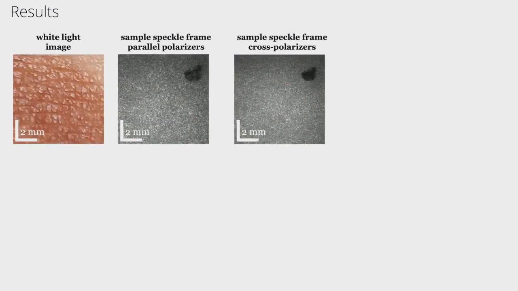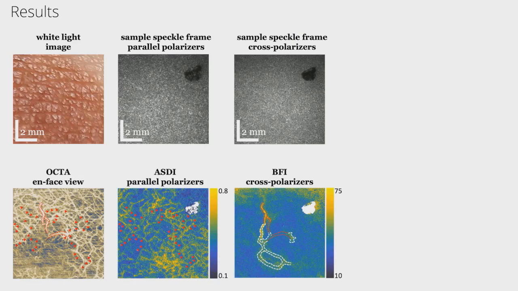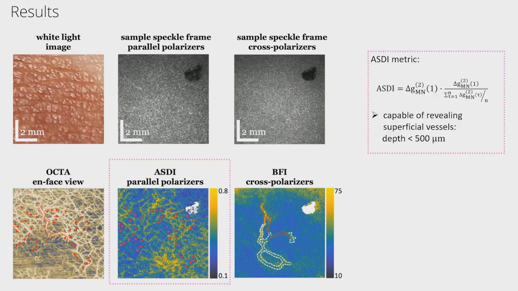We use this device to image different lesions. This is an example. You can see the white light image of the region and two sample speckle frames as recorded by the black silicon camera. Then you can see the OCTA view of the area and the FASDA images that we get, the one evaluated with ASDI and the one with BFI.